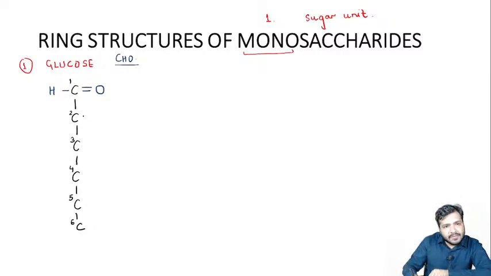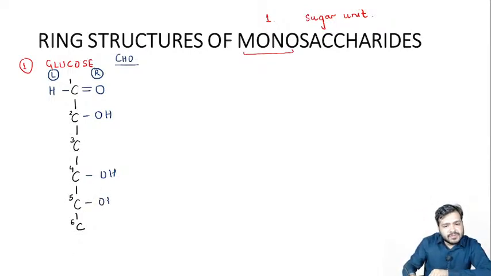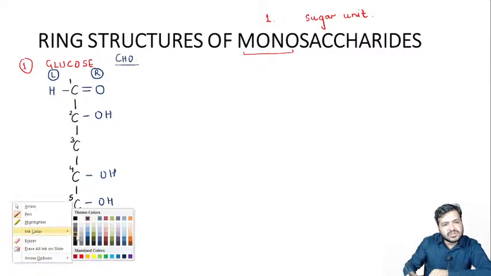Now on the second carbon, the OH will be present over here. On the fourth carbon, the OH will be present on the right side. We have a right side and a left side, so we have to mark accordingly where OH groups are present and where hydrogen groups are present. On the fifth carbon, the OH group is present over here, and on the sixth, you already know it is CH2OH.